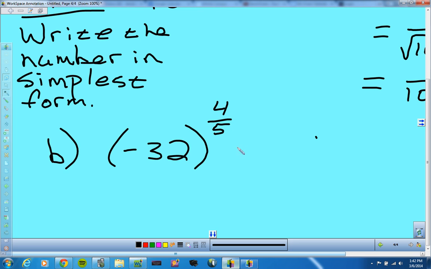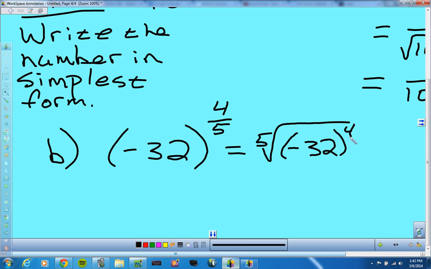So we just need to rewrite this. So what does this become? Where does the denominator go? Index. And the numerator goes like that.